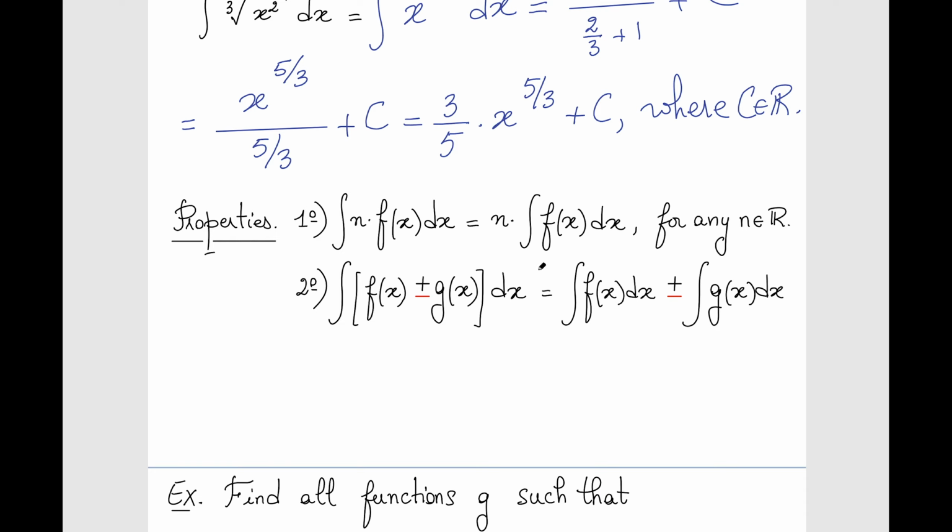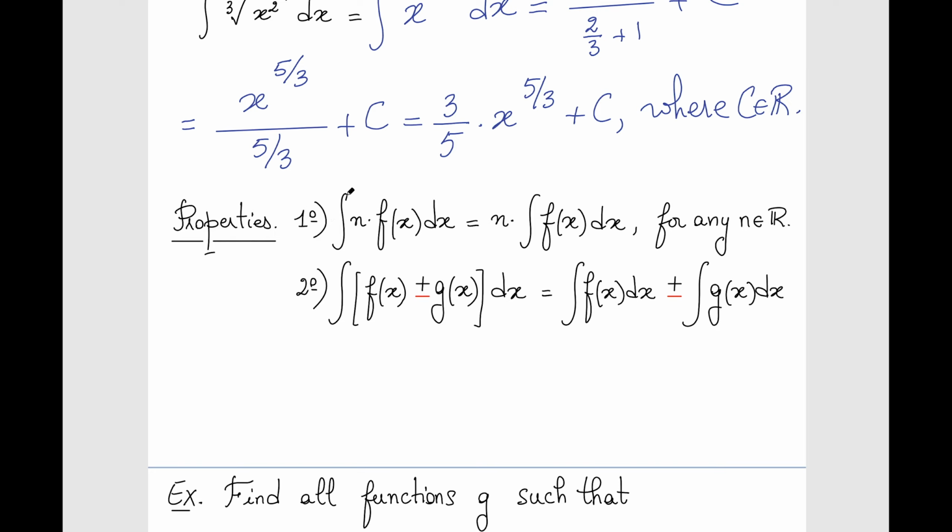Because of that, it also commutes with subtraction. So since the operator d over dx is linear, it allows us to push out multiplicative constants and to split sums. Integration is going to behave the same way because it's the reverse of that process.